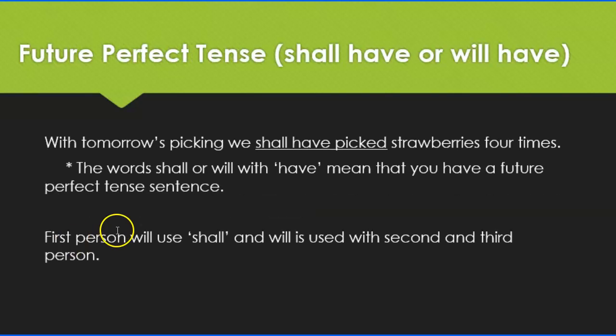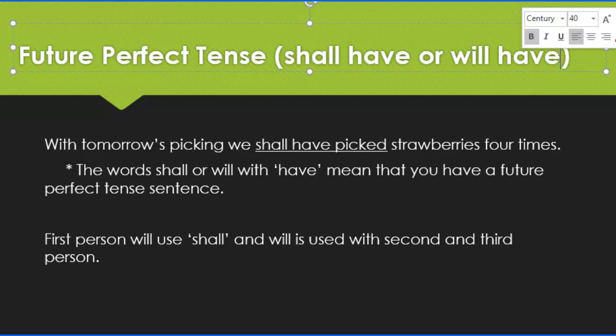And then future perfect tense, you will have shall or will with have. Shall and will are used in specific ways. So first person uses shall, second and third person will use will.